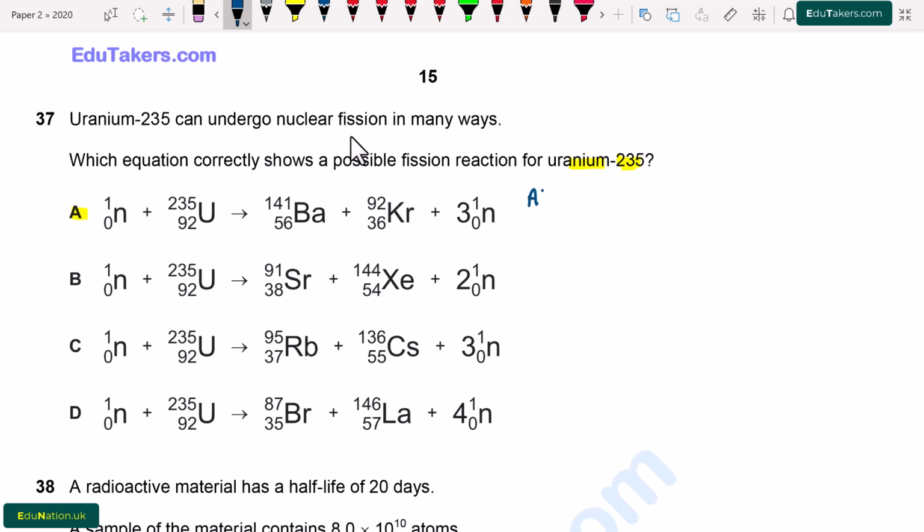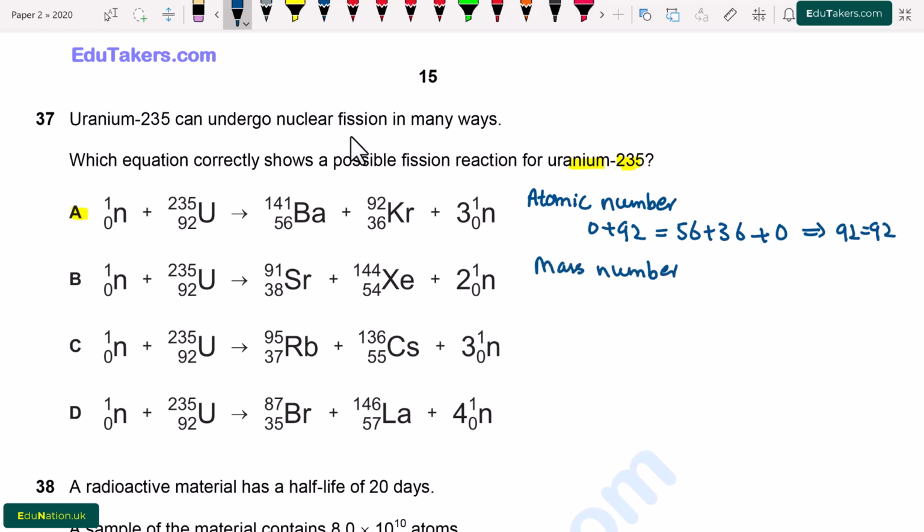then the atomic number on the left hand side is 0 plus 92. It will be equal to 56 plus 36. So the difference will be 0, which shows that 92 is equal to 92. Next we check the mass number.